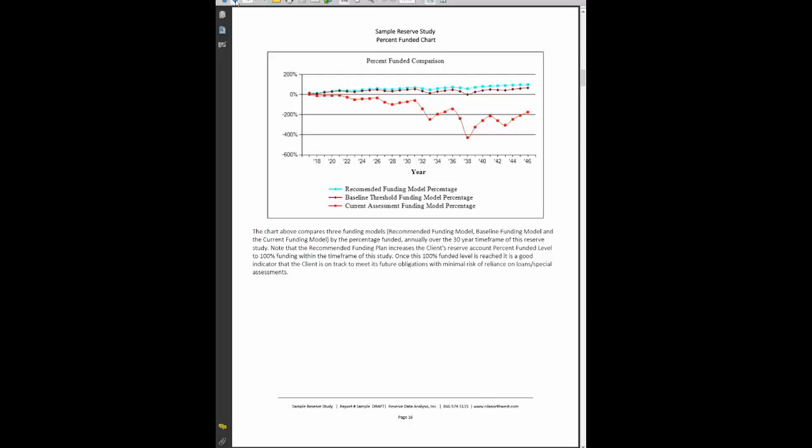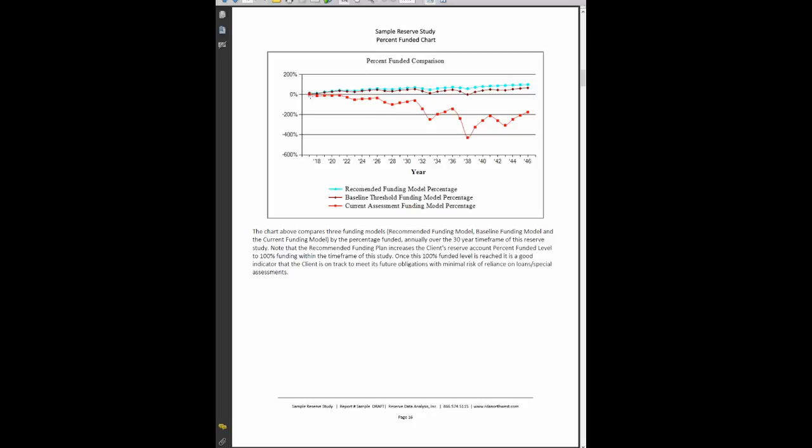The percent funded chart is just a visual of where the percent funded figures are projected to go with the different funding models. Recommended is typically towards a 100% funded model. In this particular case, dark red is the baseline funding model, where you can see it bounces off to 0% funded a couple of times within that 30-year period.